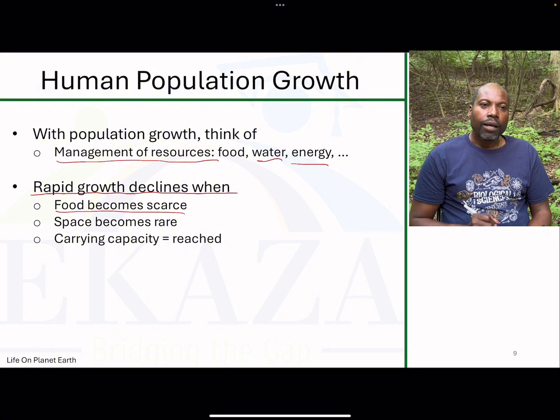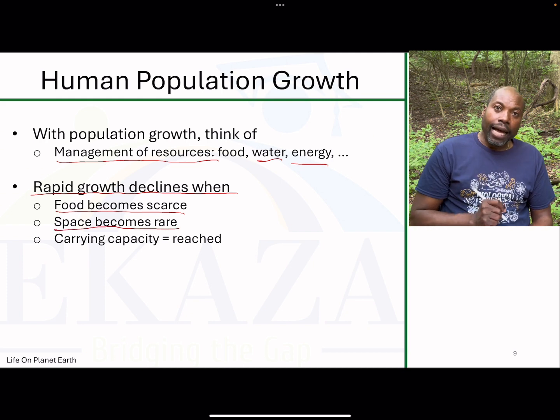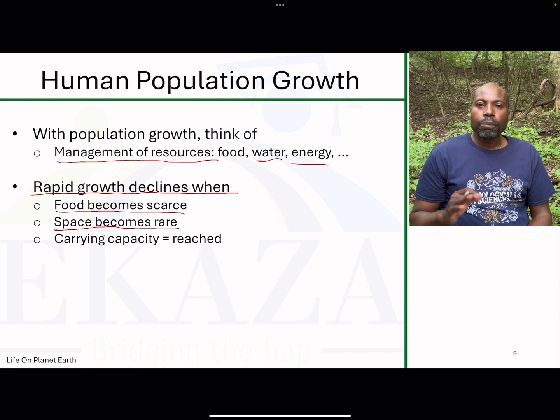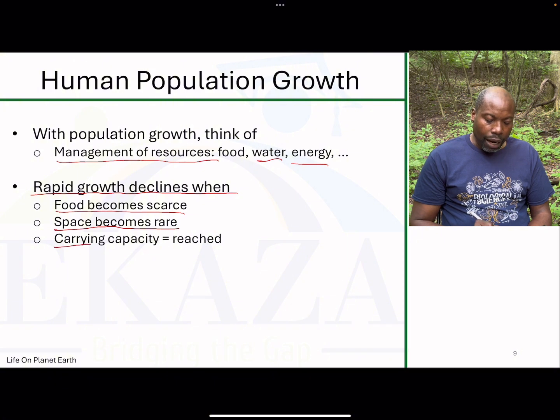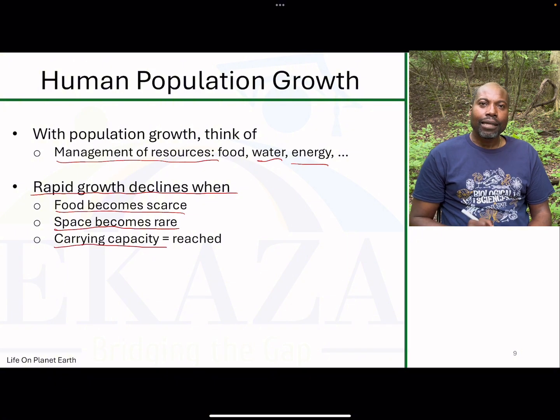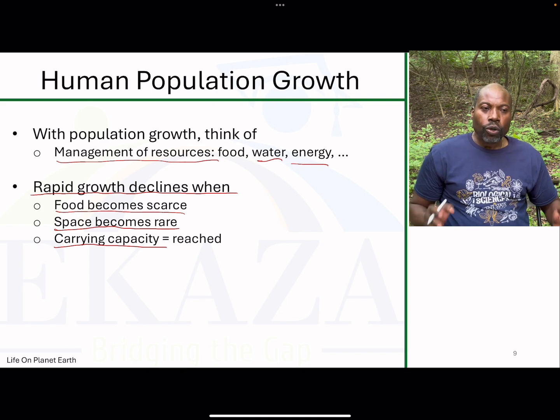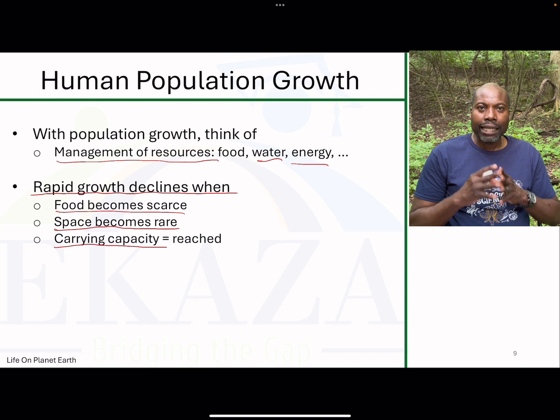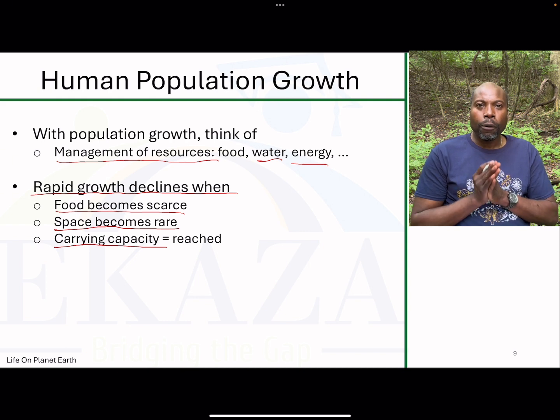That growth decline also occurs where space is becoming scarce, so that when we study population, we have to think of the concept called the carrying capacity. That carrying capacity is, for a given geographical area, the resources that are needed to maintain a healthy population.